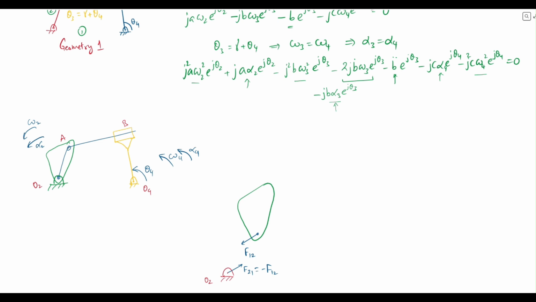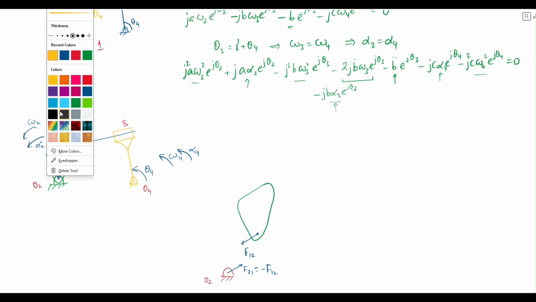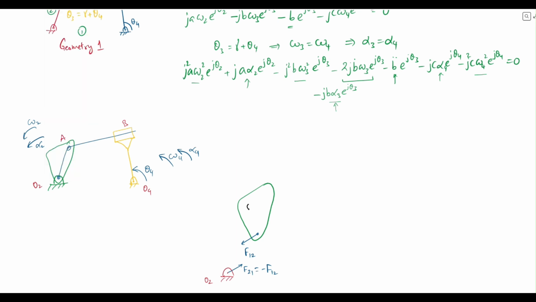Then we can identify the CG of the link. The CG of this link is, let's say, somewhere here. And at that CG, we will know the acceleration of this body. Let's say the acceleration is something like this. And then we have force of the joint here of the form F3 on 2.